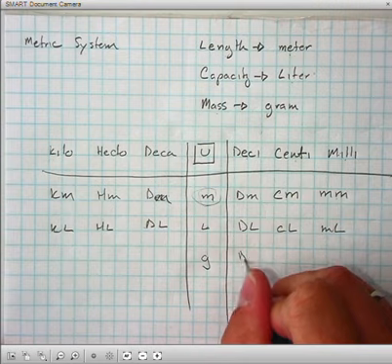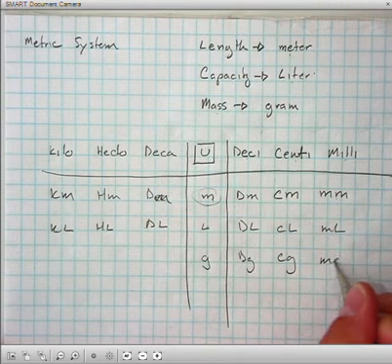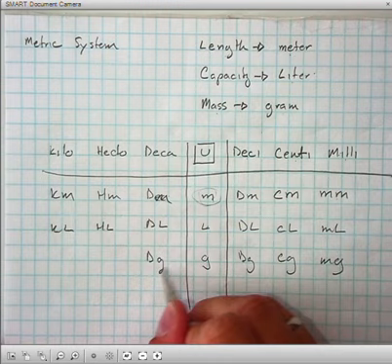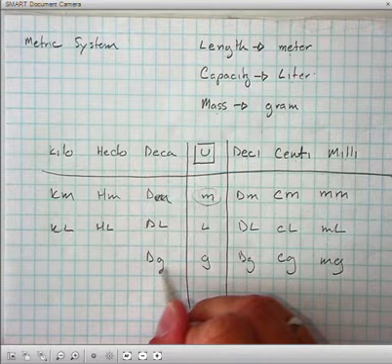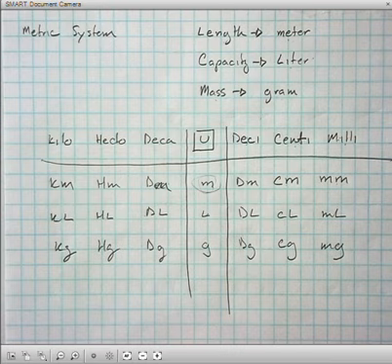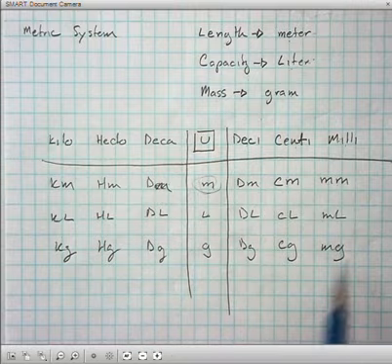So you've got decigrams, centigrams, milligrams, decagrams, hectograms, and kilograms. Some of those you are going to use much more than others. What's nice about this chart is that every type of measurement that we can use in the metric system, for liquid, to weight, to distance, can all be done on this chart right here.